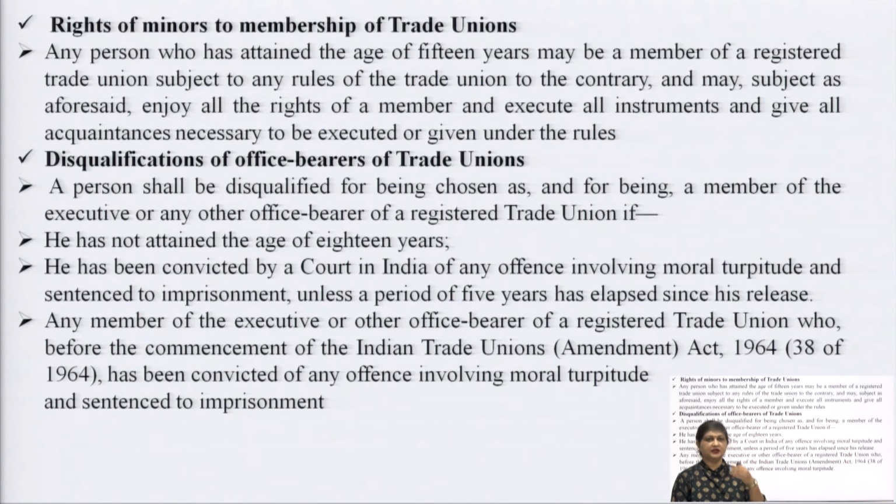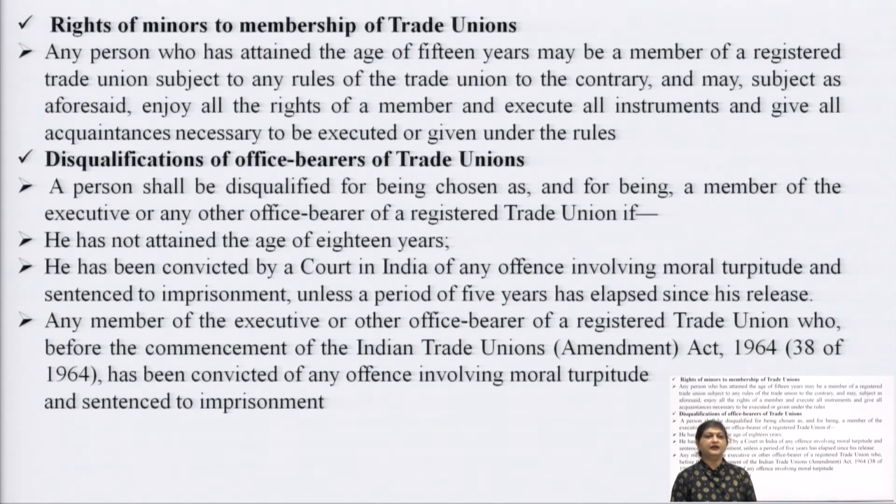This means a person who has attained the age of 15 years can be a registered member in a registered trade union, but he cannot be an office bearer. If a person less than 18 years of age is an office bearer of a registered trade union, he will be disqualified.